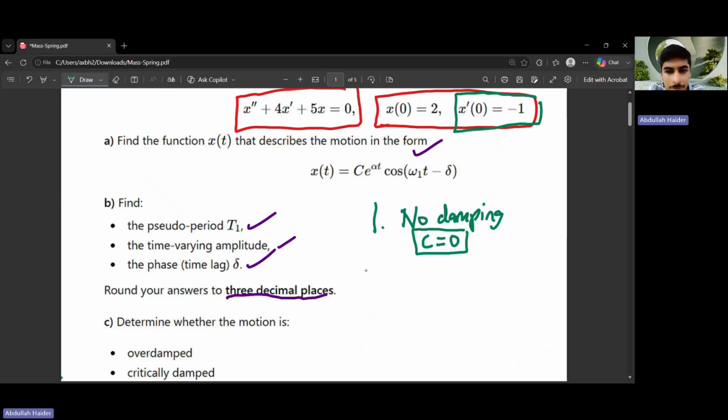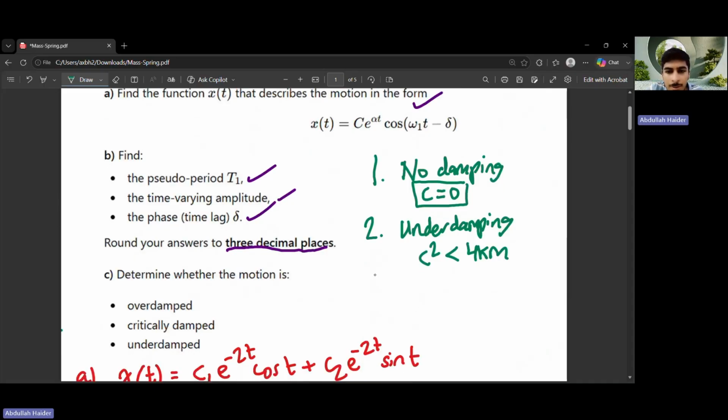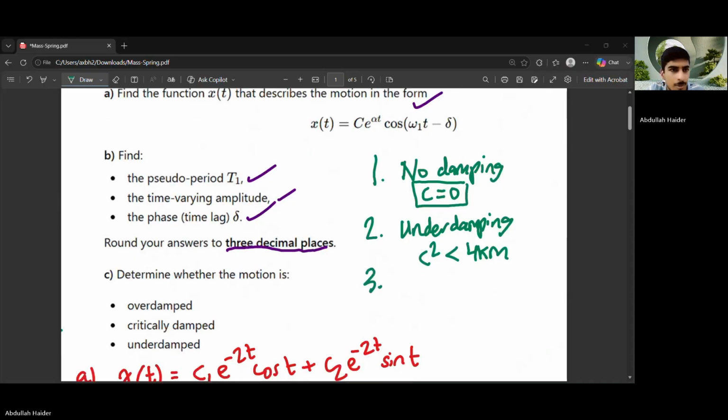And then your case 2 is underdamping. Underdamping is when c squared is less than 4km.